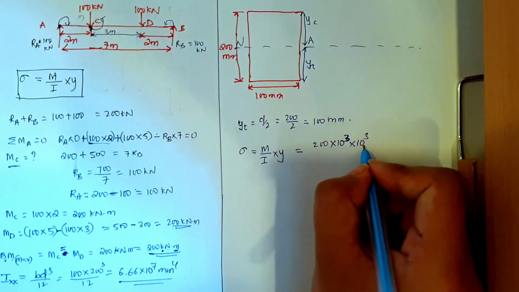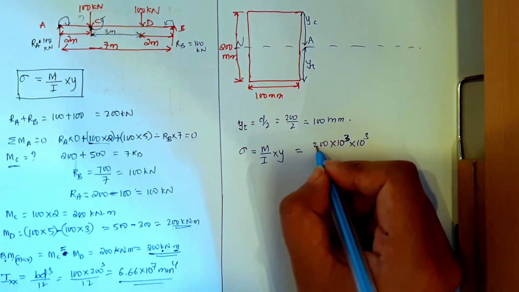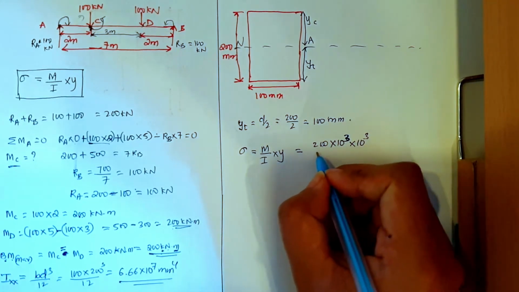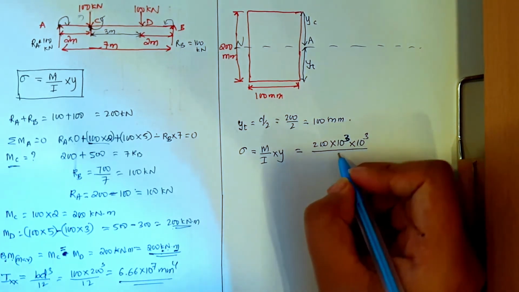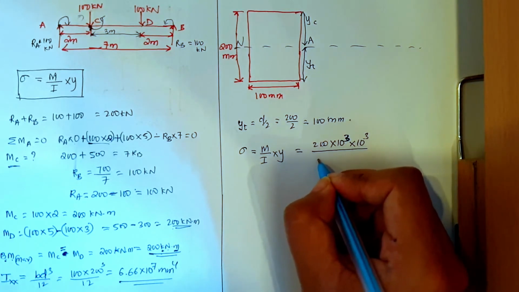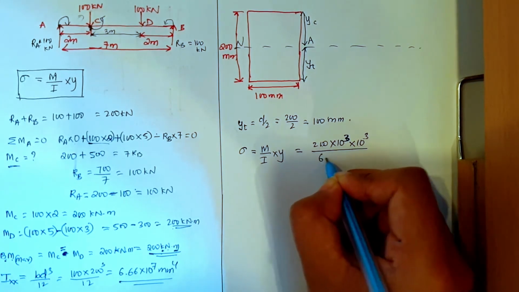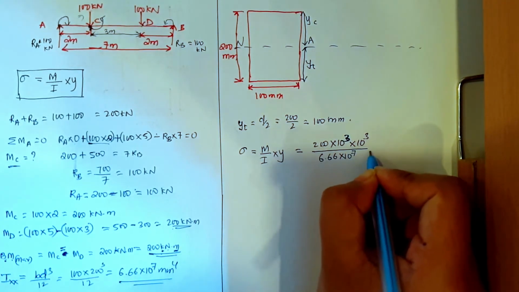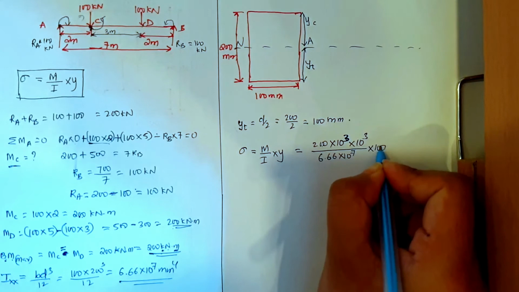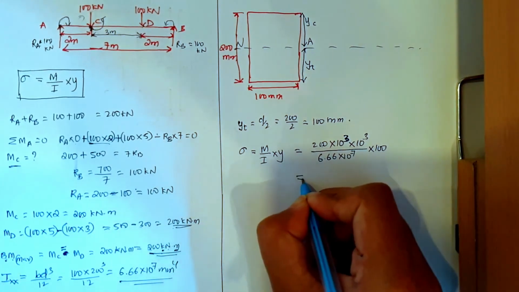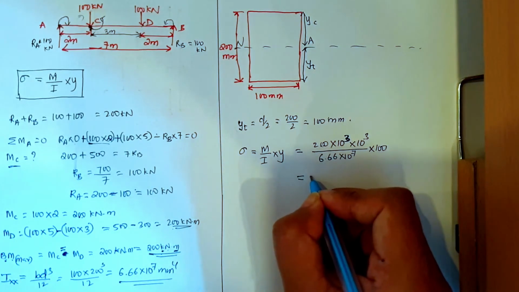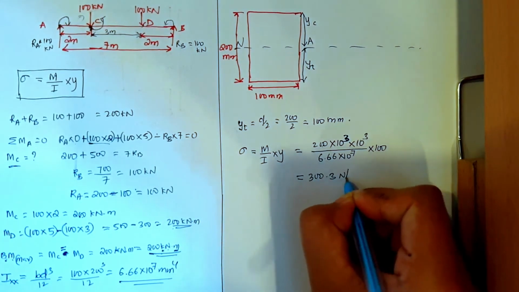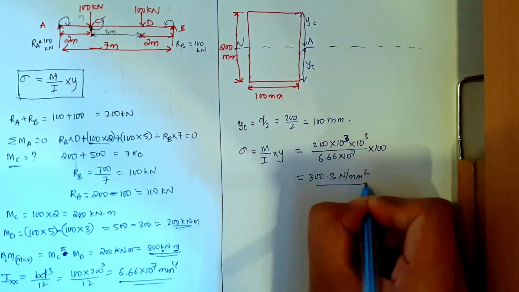Okay, so this is converted to mm. So the whole value is in newton mm. Okay, divided by you have Ix, 6.66 into 10 raised to power 7 into y is 100. Now from here you will get exactly equal to 300.3 Newton per mm square.